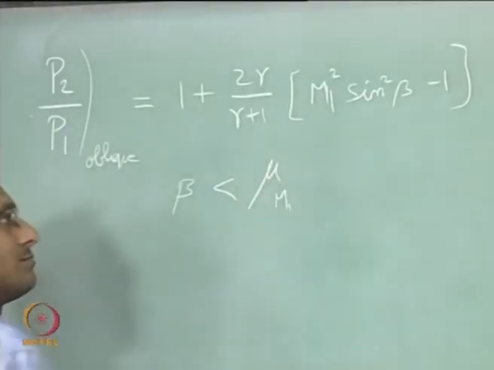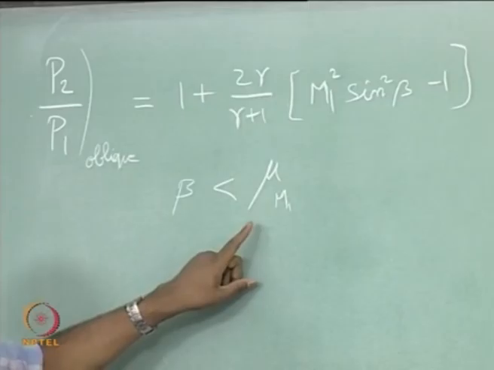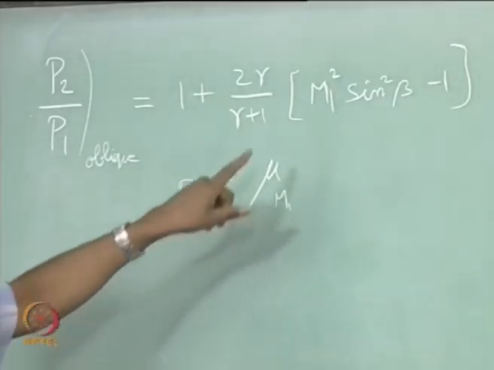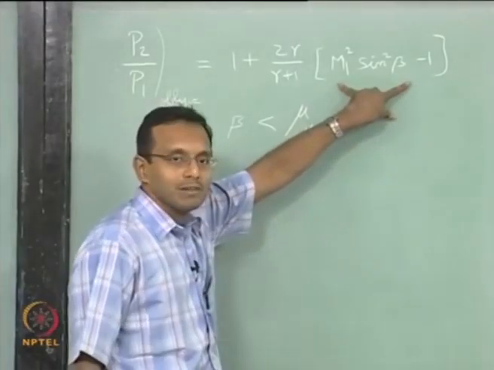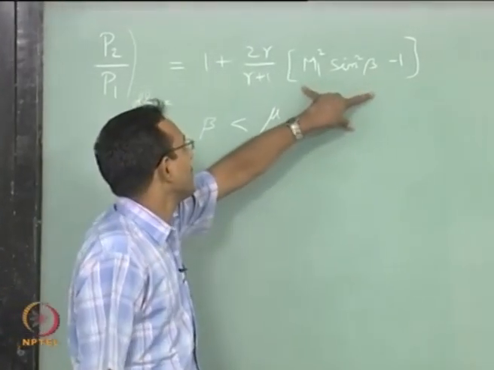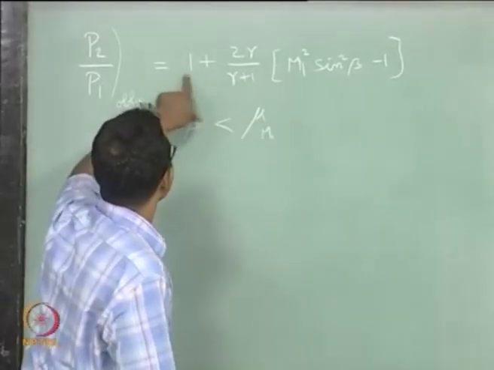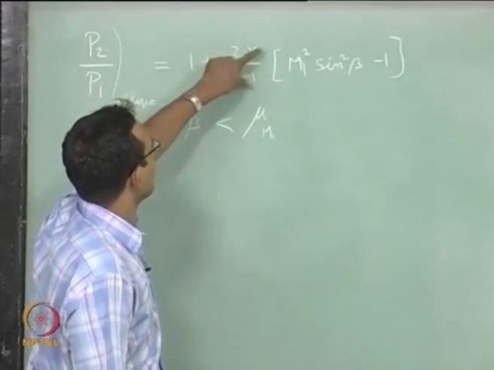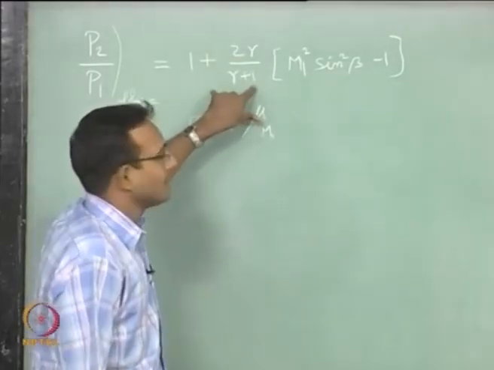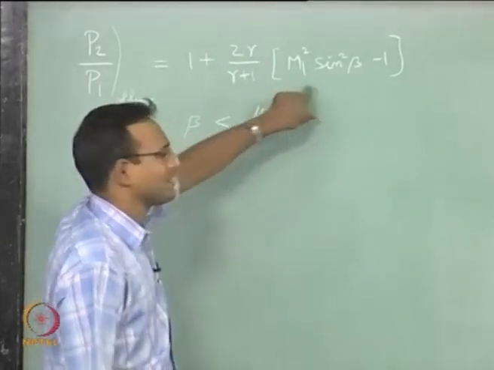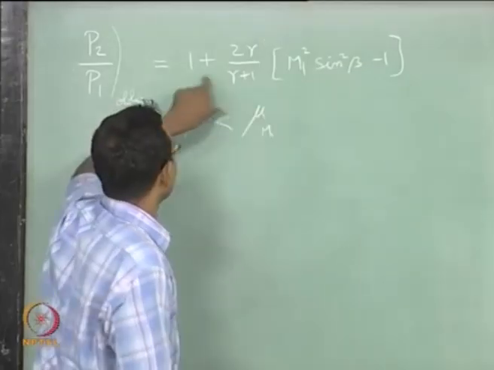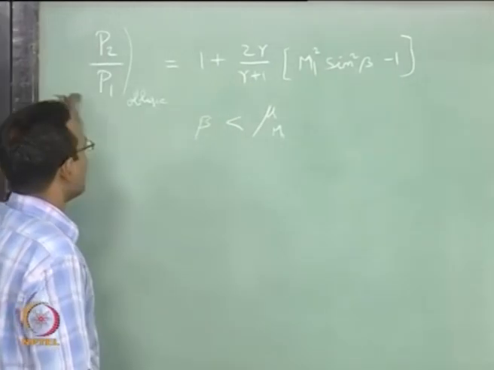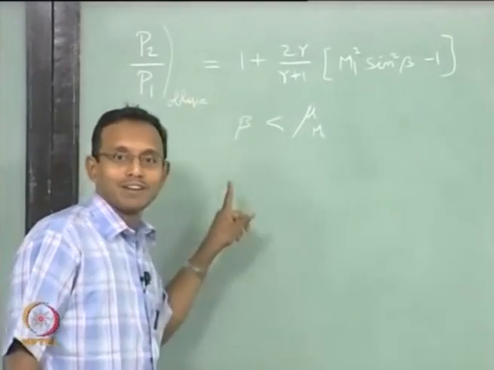mu of M1, which is sin inverse 1 by M, right. So, if I have such a situation, then this whole square bracket will become negative. If this becomes negative, I am going to have a condition where 1 minus 2 gamma by gamma plus 1, multiplied by some other number, that is fine, but it is 1 minus something, okay, which basically means that P2 by P1 will be less than 1.